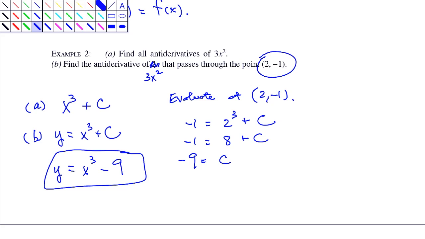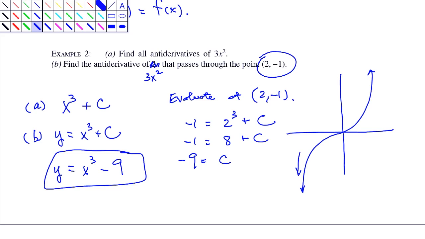So just like we had above, if we have all antiderivatives of 3x squared, they're all this x cubed function, and they all look the same. But they're shifted up and down and things like that, right? What we're doing is finding the particular one that passes through the point 2, negative 1, which will be right here.